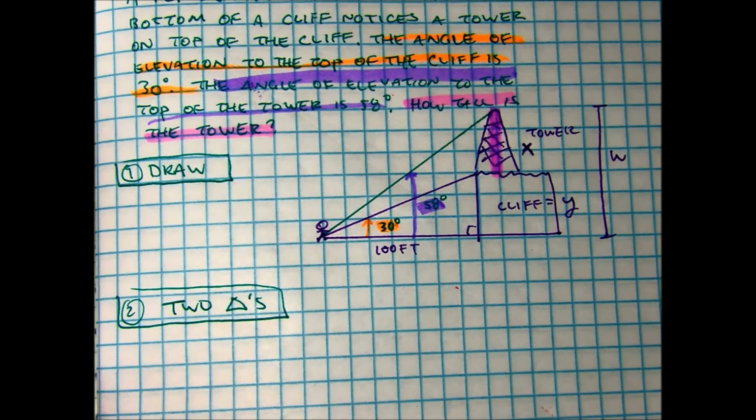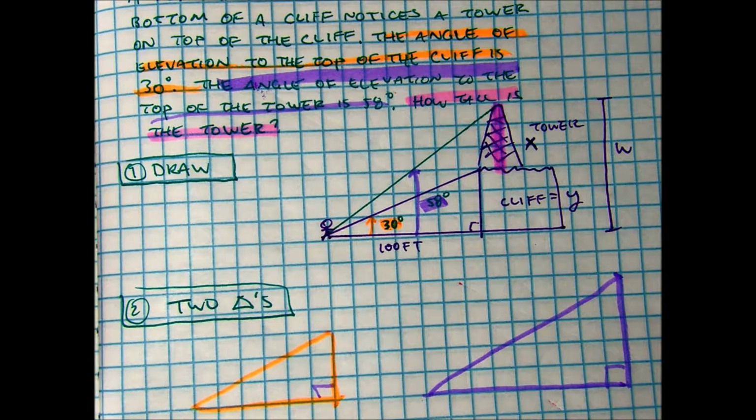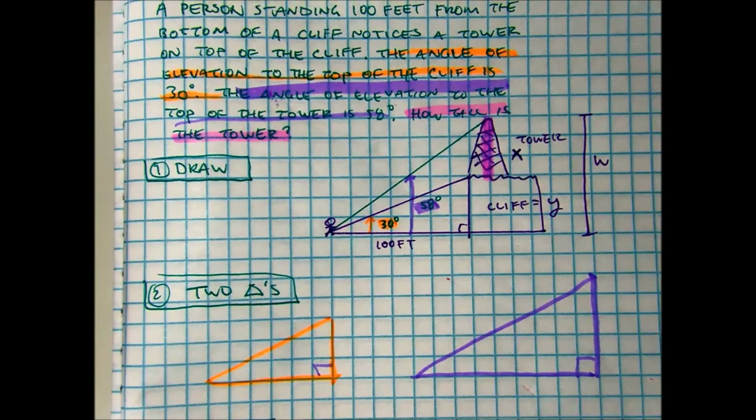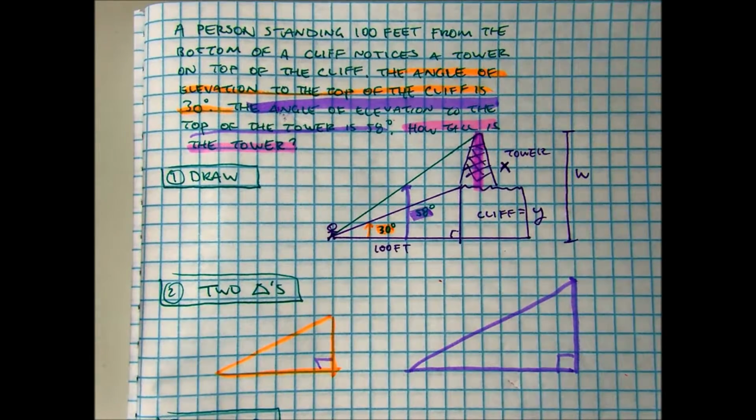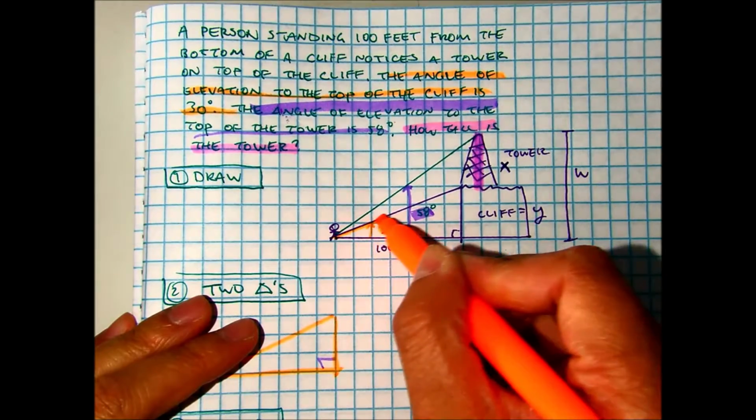So let's go ahead and draw our two triangles. Actually, raise your hand if your picture looks like that. Alright, so if you separated your triangles, let me try to show you. I have an orange triangle.